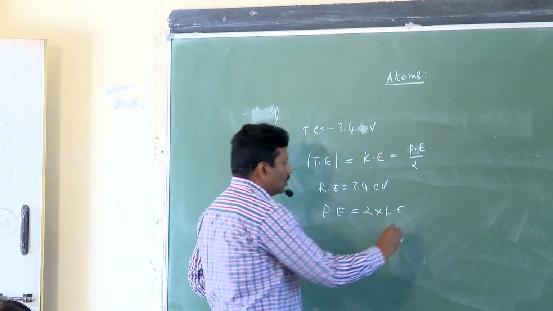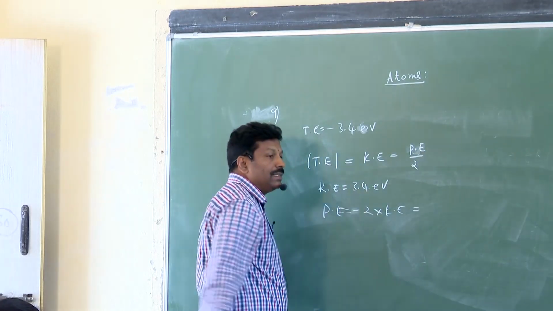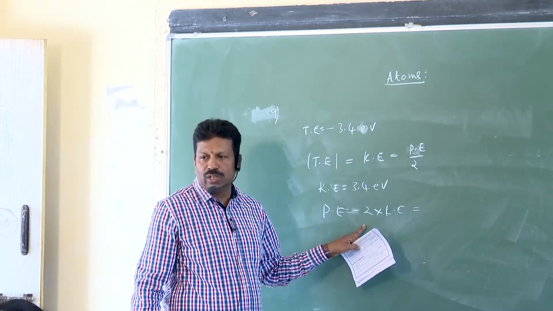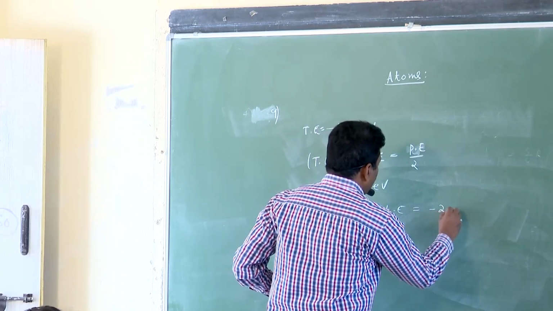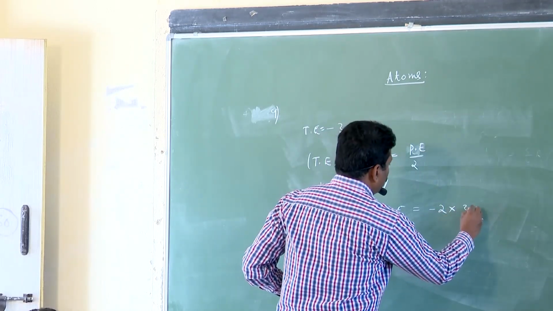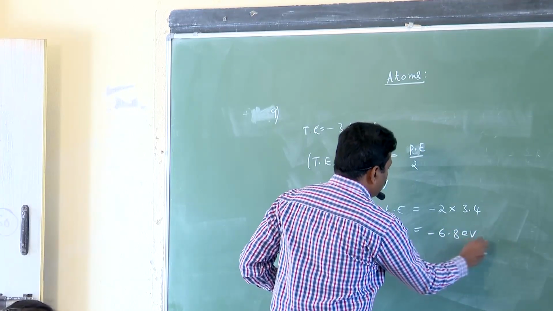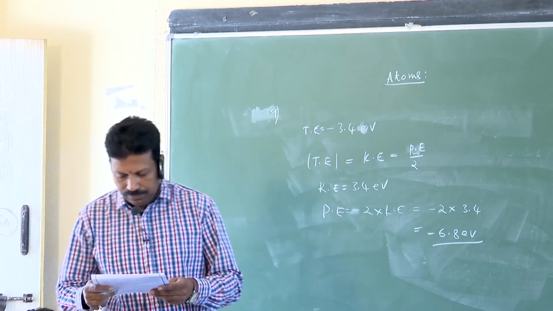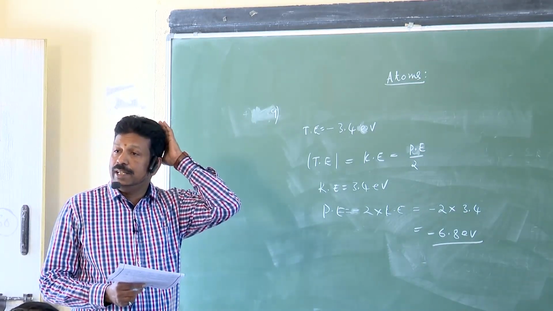But it's negative, since it is bound to the nucleus. Force is attractive. When it is bound to the nucleus, it is negative. Minus twice kinetic energy, it is minus twice 3.4 electron volt, which is minus 6.8 electron volt. Understood? So option D. Option D.